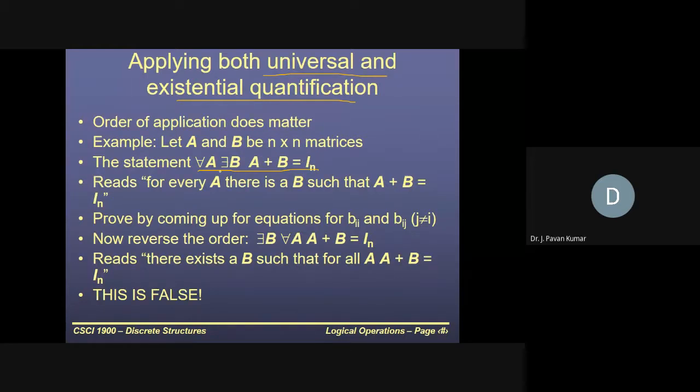What is the meaning of this? For every a there is a b such that a plus b is equal to n. Consider any value of a, like 5 or 10 or 15 or -5, anything, and you can add some value of b and you will get this particular number.